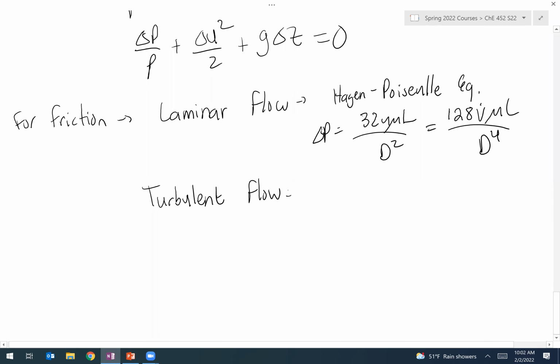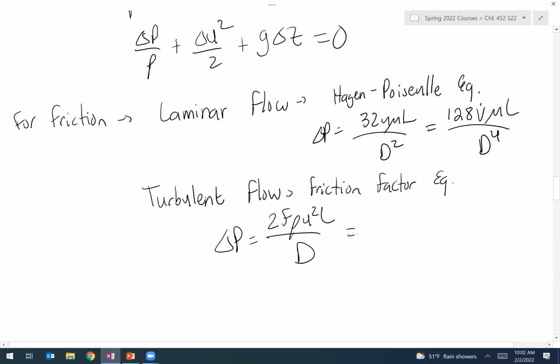And for turbulent flow, I must rely on a friction factor, where delta P is equal to 2F rho U squared L over D, or 32F rho V dot squared L over pi squared D to the fifth.